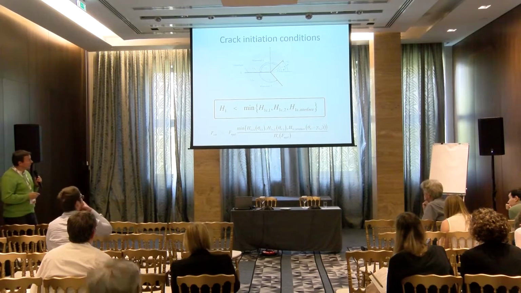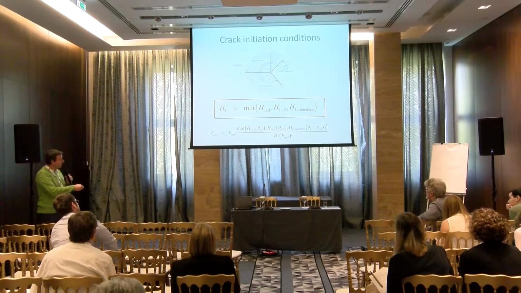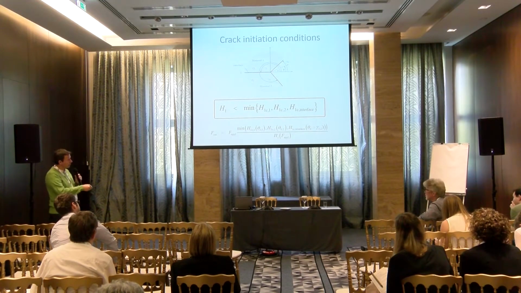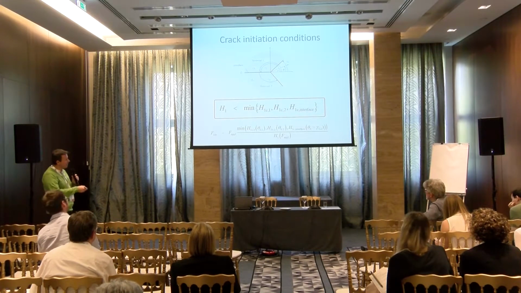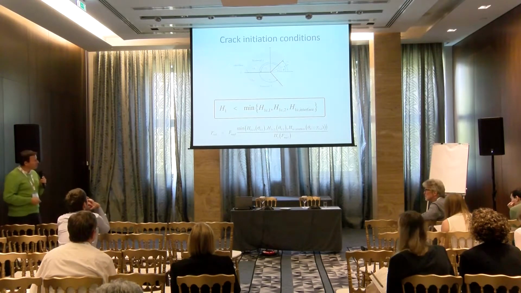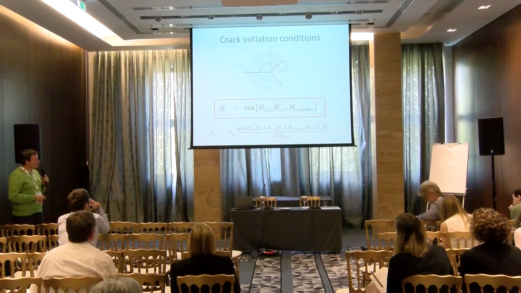Finally, we take the minimum when we calculate the critical values of H factor for these three, material 1, material 2, and the interface. We take the minimum of these three values and we compare it with the H1 value.